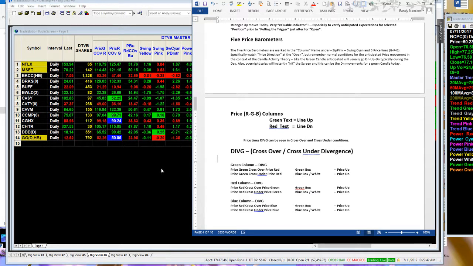Those divergent conditions are very important. When one line is telling you that the pressure or the force within that stock is going down, and another line tells you that the forces within that stock are going up, something is pushing.